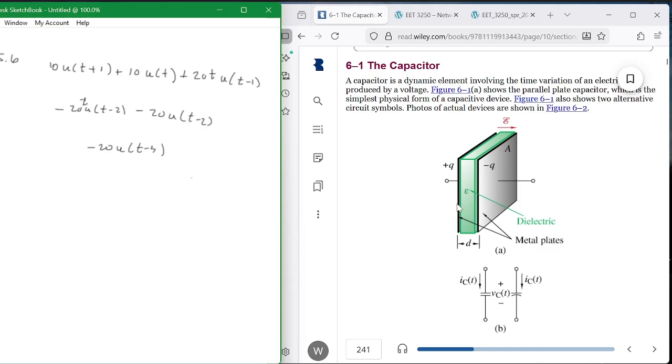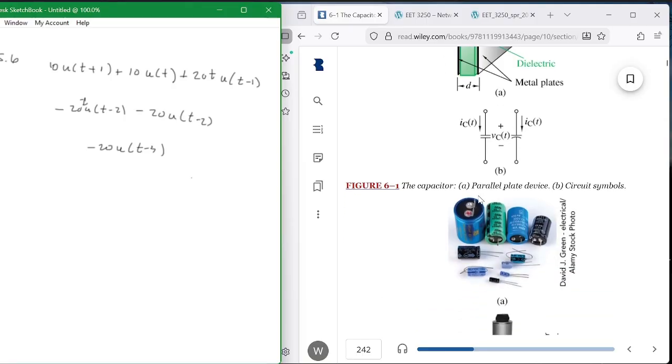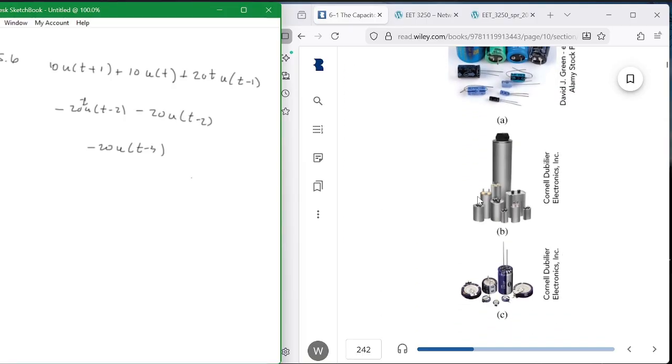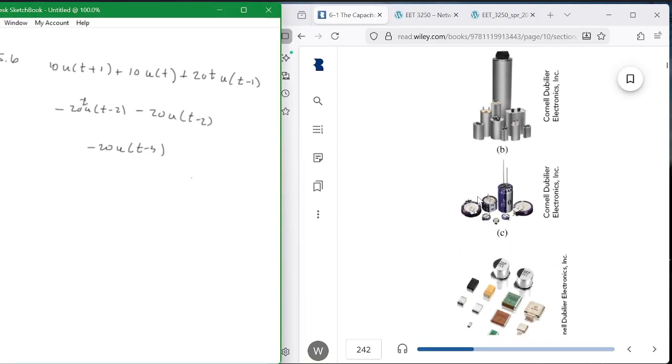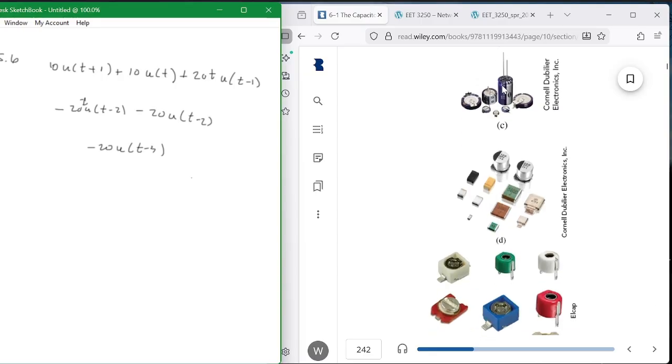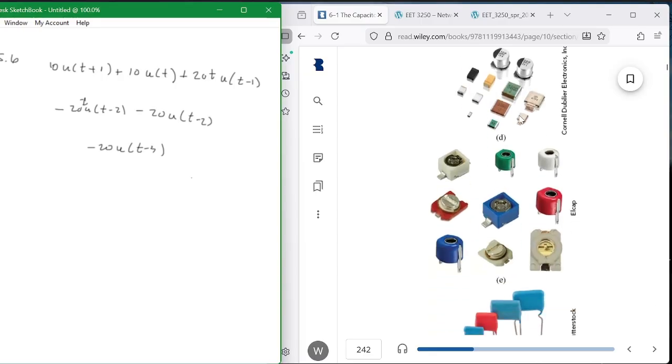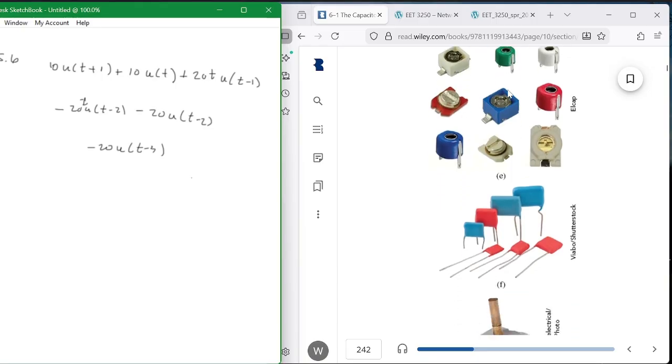Well, it stores here and then it loses here, it stores here and then it loses here. So basically it's a storage device. Here are various types of capacitors. I've worked with capacitors that are 70 farad capacitors that look like a suitcase.